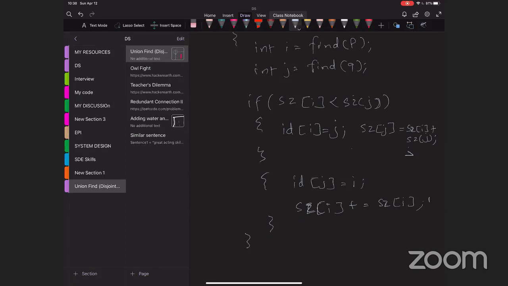I'm sorry, Bhavesh. The second size, when you're setting it, I plus equal to, it should be J, right? Size of J at the end. Yes, it is. Oh, okay. That's correct.